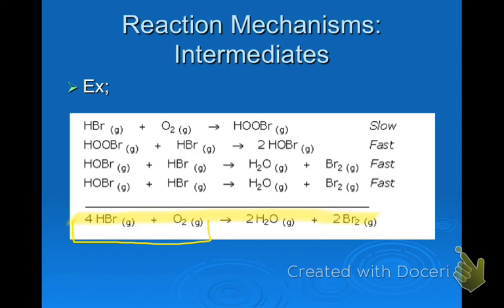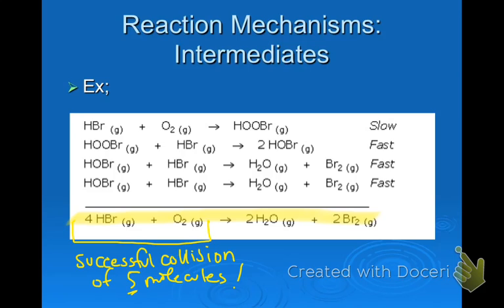So that is going to require the successful collision of 5 molecules. So you've got the 4 HBr and the 1 O2 molecule that are all going to have to collide with the correct energy and orientation for this reaction to occur.